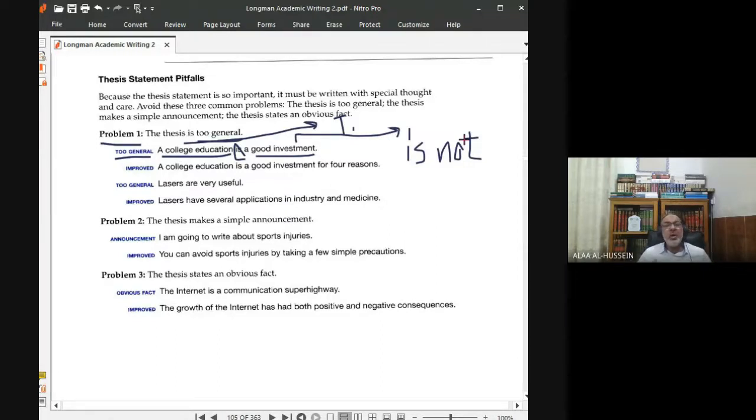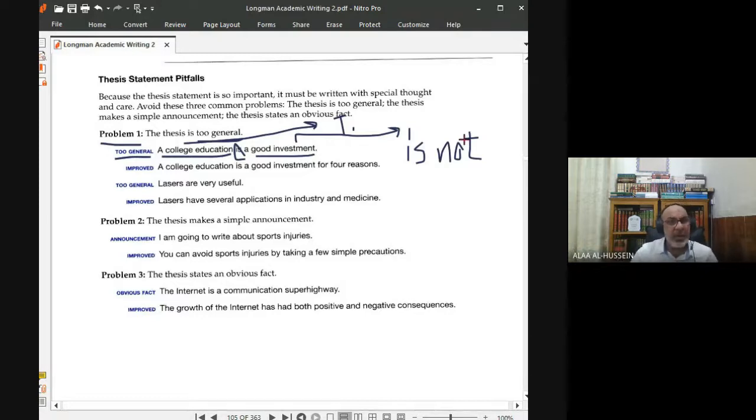Why? Because when we say, for example, a college education is a good investment, we don't specify. We don't know, or we didn't know. Good investment for whom? For the students, for the society, for the government, for example, private sectors.